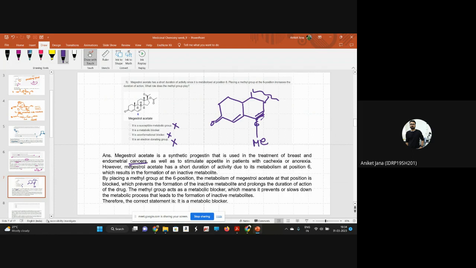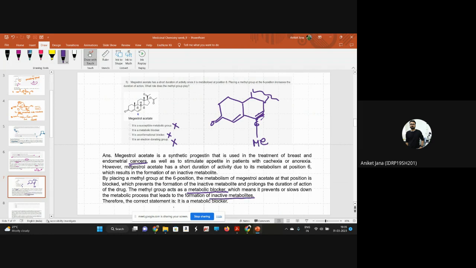By placing a methyl group at position 6, the metabolism at that position is blocked, which prevents the formation of the inactive metabolite and prolongs the duration of action of the drug. The methyl group acts as a metabolic blocker, which means it prevents or slows down the metabolic process that leads to the formation of inactive metabolites.